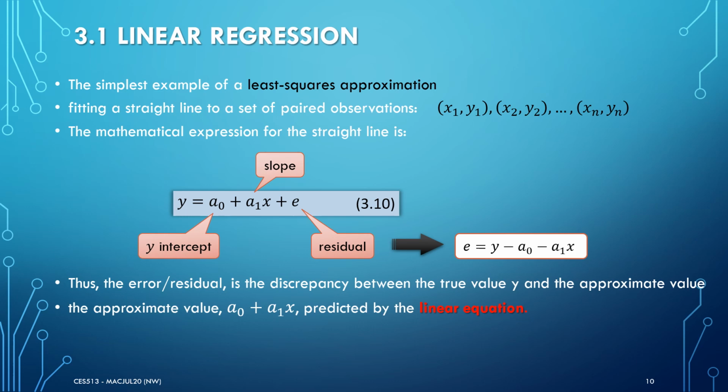So the residual, or the error, of this equation is the discrepancy between the true value y and the approximate value. The approximate value a0 plus a1x can be predicted by the linear equation.